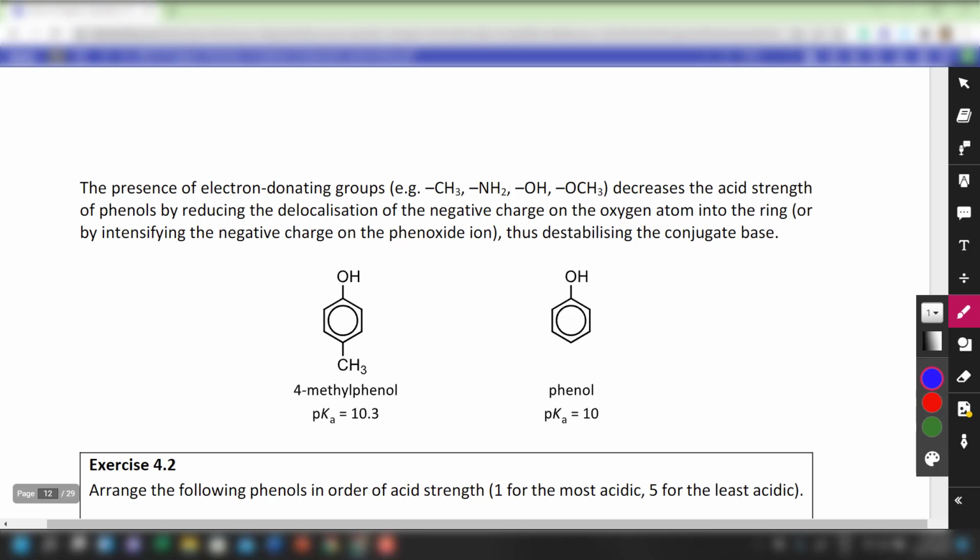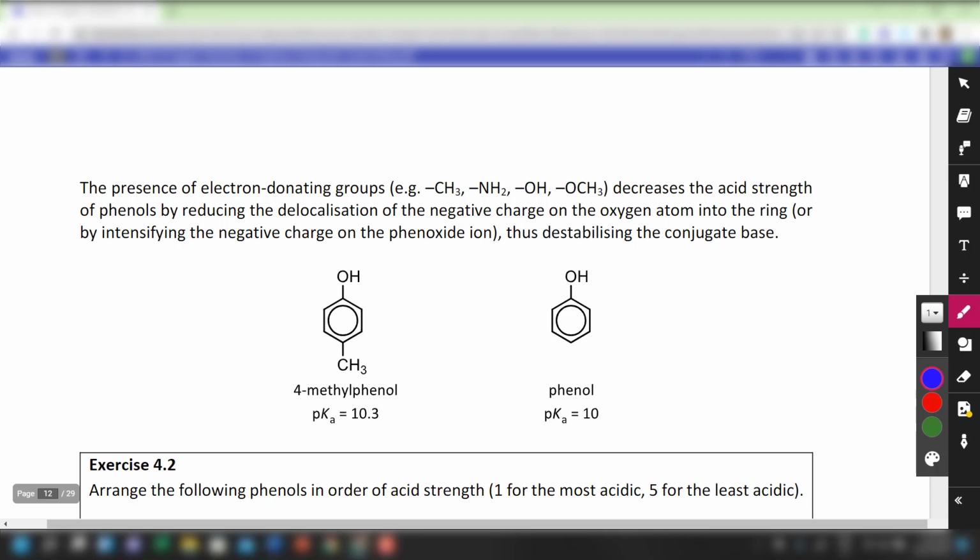So the increase in electron density will result in the negative charge on the phenoxide being less likely to be delocalized into the benzene ring. Because it has a lower incentive to delocalize, it makes the negative charge more negative as compared to that of phenoxide. So making it a weaker acid.